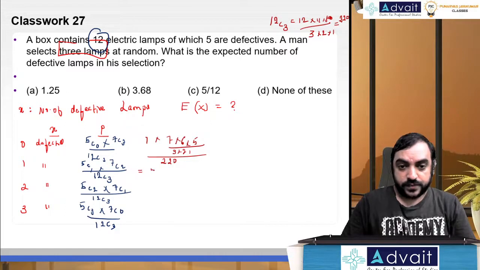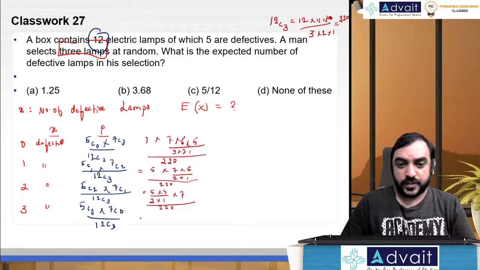5C1 is 5. 7C2 is 7 into 6 divided by 2 into 1. Divide by 220 is common. Then 5C2 is 5 into 4 divided by 2 into 1. 7C1 is 7. Divided by 220 is common. 5C3 means 5C2 only, so 5 into 4 divided by 2 into 1. 7C0 is 1, divided by 220 is common.